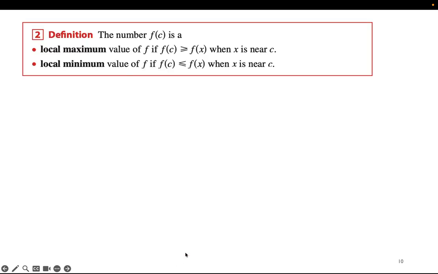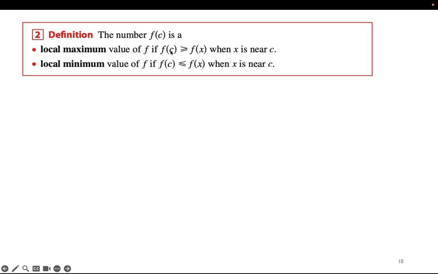And another distinction, well, there's also another kind of maximum called local maximum, and another minimum called local minimum. A value f of c is a local maximum if f of c is bigger than f of x, but only if you are near c.